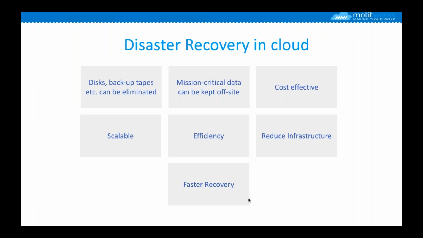For instance, let's say you're living in California, your data center is also in California, and you are backing up your stuff in a data center that still resides in California. If an earthquake hits, it is going to impact both. So you can take your data and move it into some other safer regions that these cloud services offer.